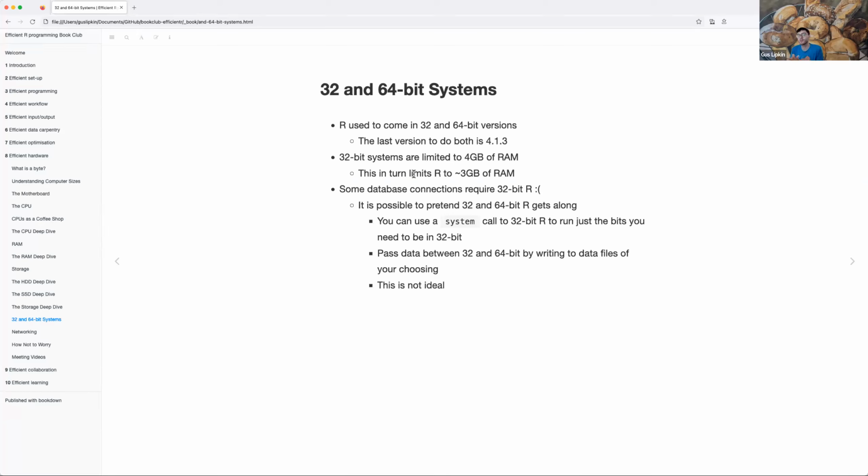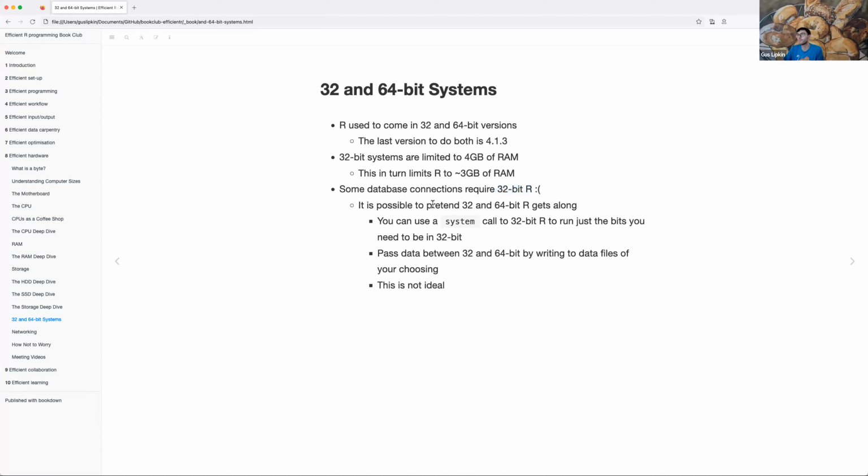And I believe the book said some systems go up to either, it's like 64 or 128 terabyte limit on RAM. But some database connections do require 32-bit R if they're older.